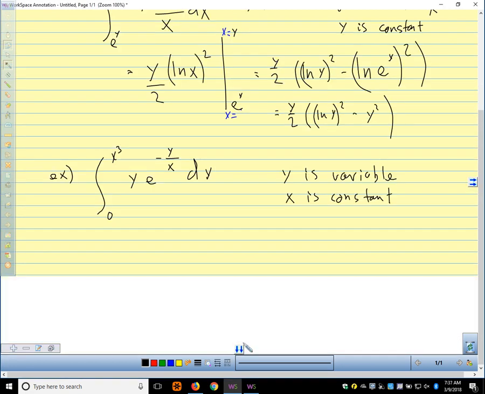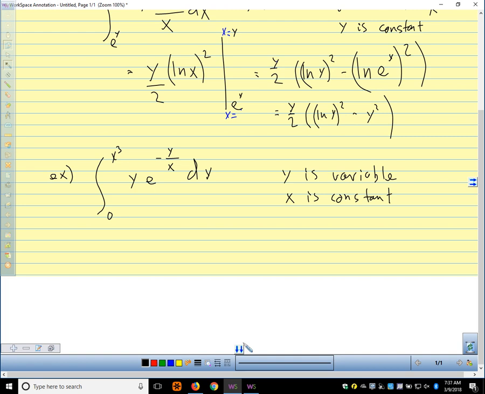When x is constant but it's in the function, it can be a little difficult to make your brain switch to think of x as a constant.